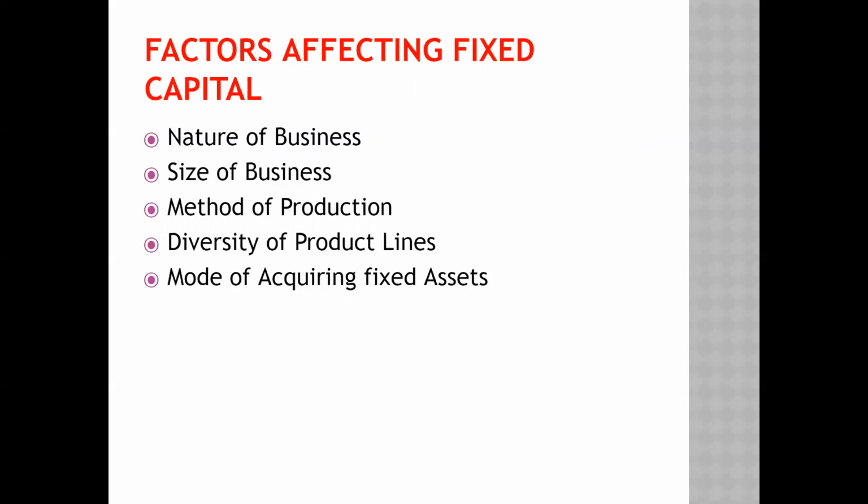You know that we can purchase assets by two methods. First is by paying full payment, called cash down basis. If you are paying full payment at the same time, more fixed capital will be needed. And if you are buying a fixed asset on hire purchase, by paying some cash down and afterwards paying in installments, that is called hire purchase. Then less fixed capital will be needed.